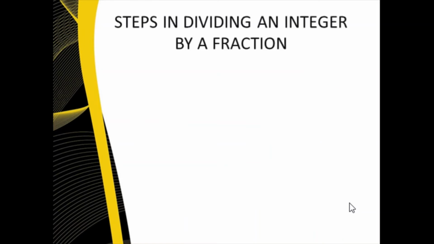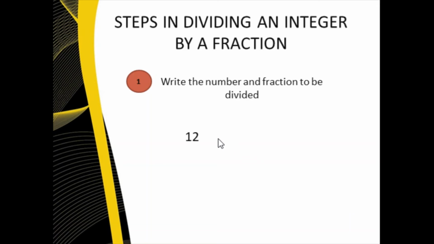How about dividing an integer by a fraction? Number 1, you still have to write the number and fraction to be divided, same as the multiplication process. So it's 12 divided by 3/8 equals unknown.